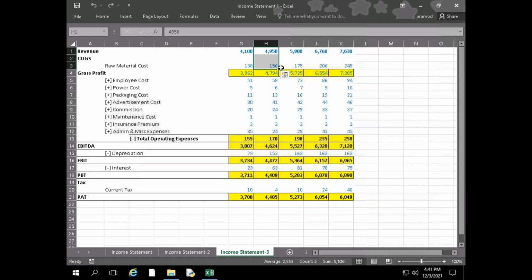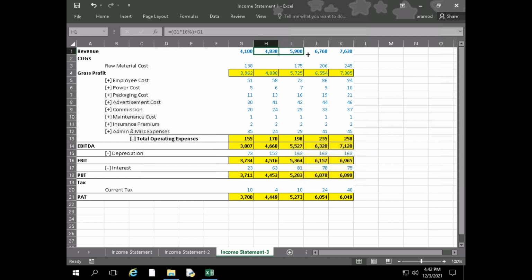18%. So equal previous amount into 18%. Yes, it's this.